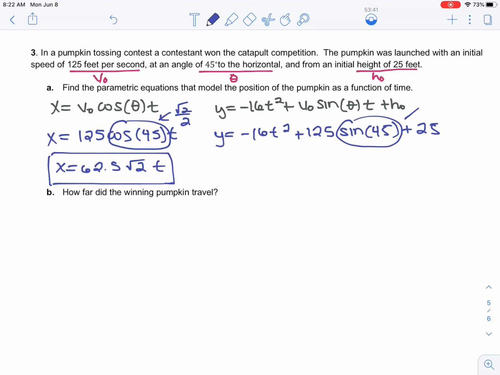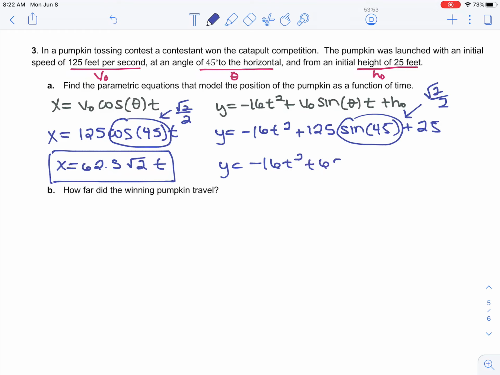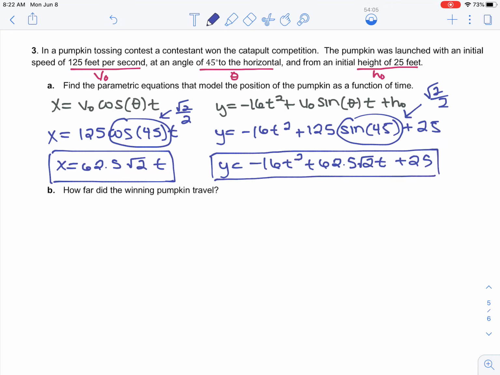And we know that sine of 45 is also root 2 over 2, so we can simplify this and call it negative 16t squared plus 62.5 square root of 2 t plus 25. Okay, so we've taken all of our given information, our initial velocity, our angle of projection, and initial height to find the parametric equations that model the position of the pumpkin as a function of time.